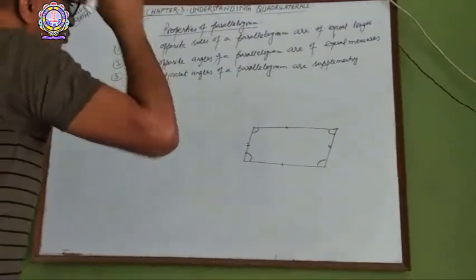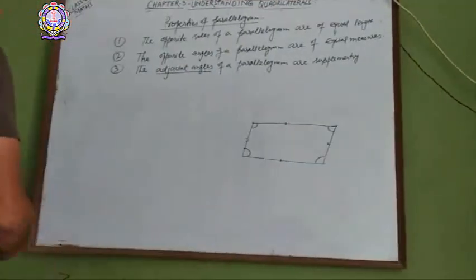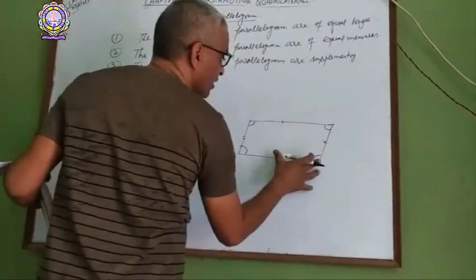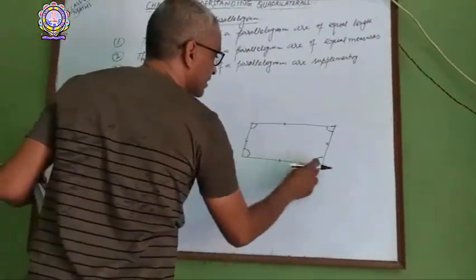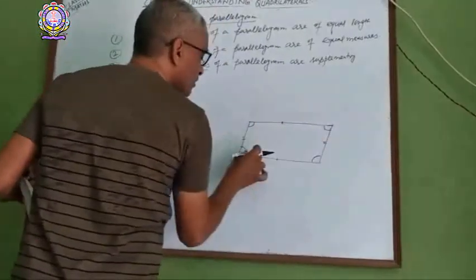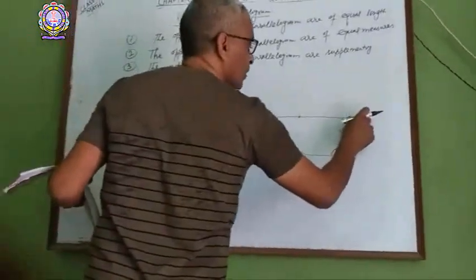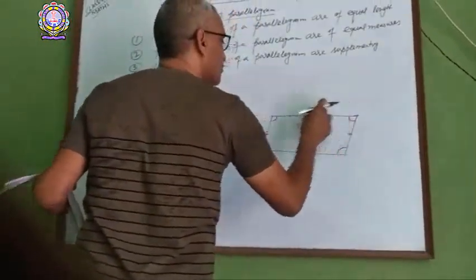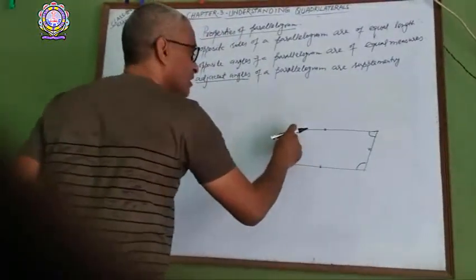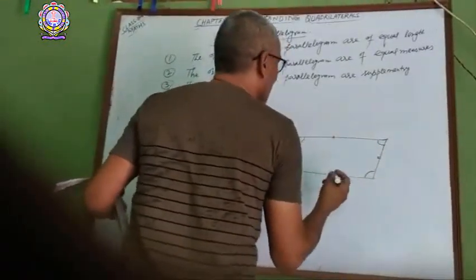Okay, first of all you have to understand what adjacent angles are. Adjacent angles means this angle will be adjacent to this angle, and this angle will be adjacent to this angle. It means the sum of this and this must be equal to 180 degrees, or the sum of this and this, or this angle and this angle, must be equal to 180 degrees.